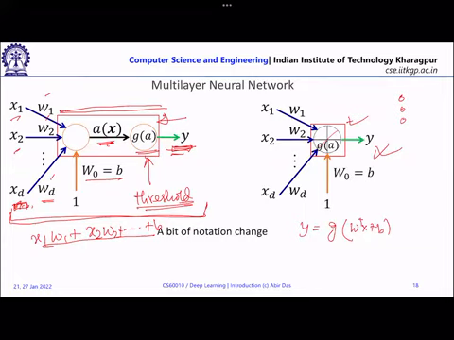I see one raised hand. I will ask Anupam to unmute. Yes, Anupam. Sir, my question was a little general. Why is it important in a multi-layer neural network for each node to have a bias? Can we not add one final bias towards the end?